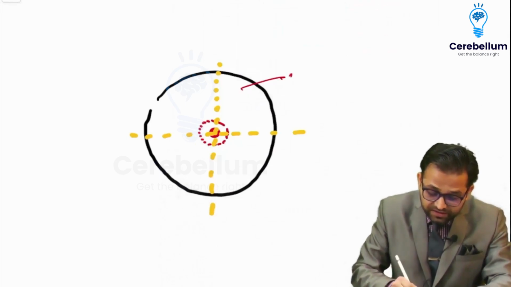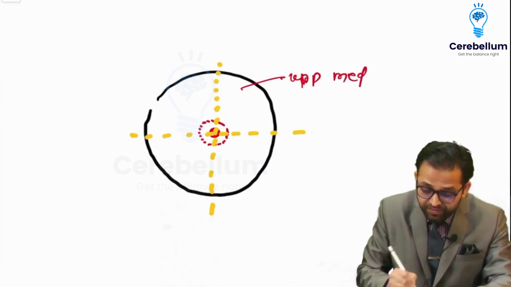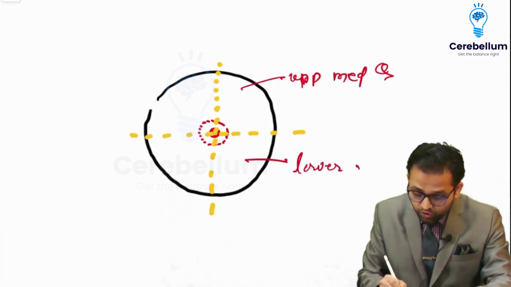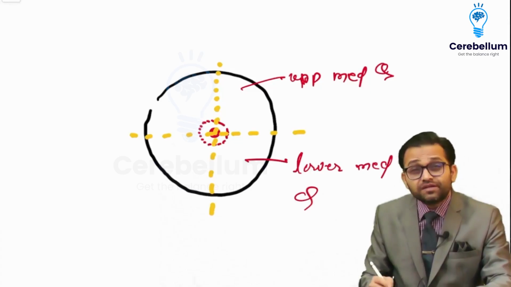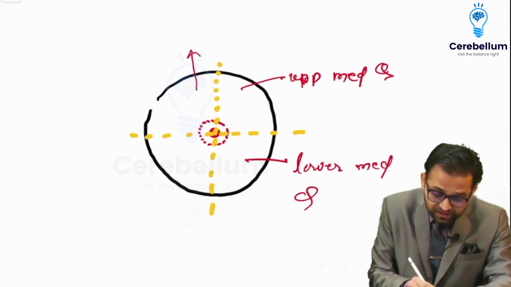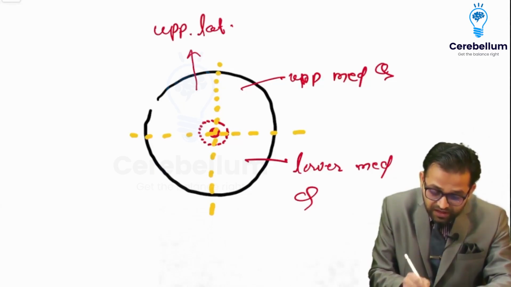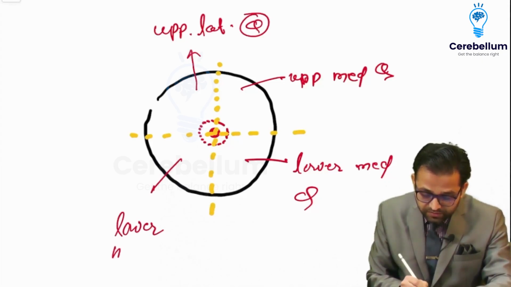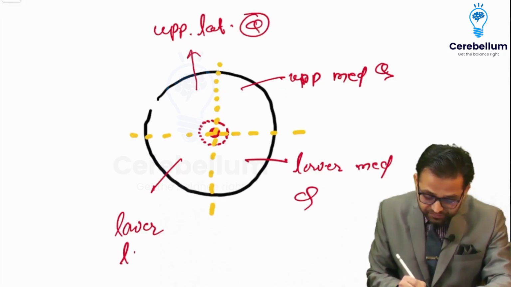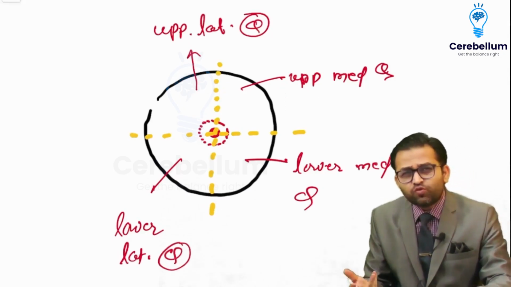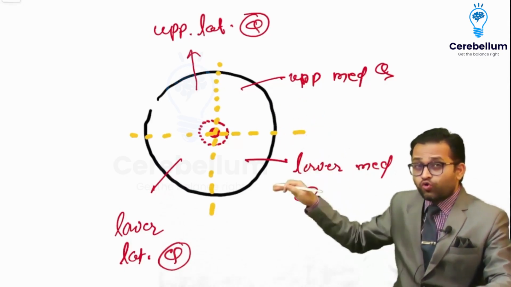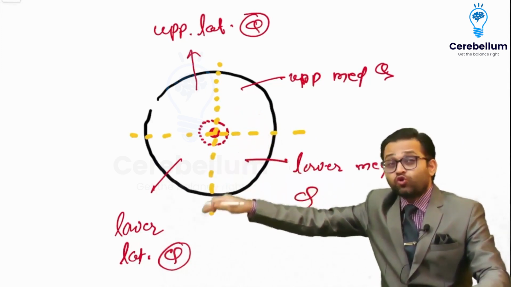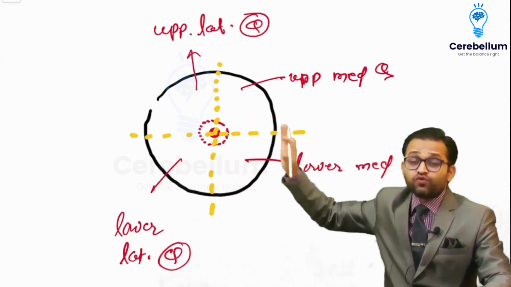Here you can say upper medial quadrant, then the lower medial quadrant. Then this is our upper lateral quadrant, and here is the lower lateral quadrant. Upper and medial side, lower and medial side, upper and lateral side, and lower and lateral side. So you can divide into four quadrants.